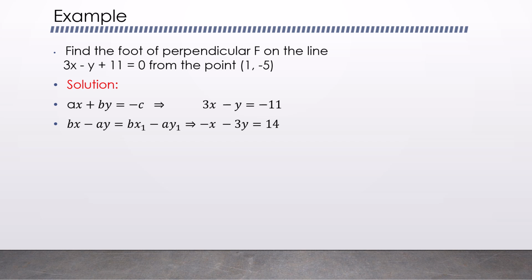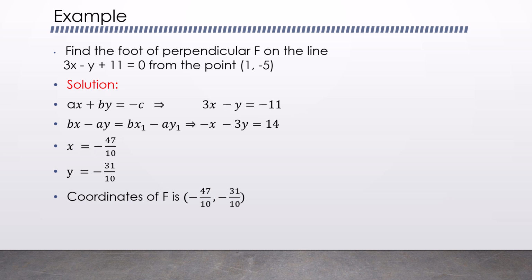Solving these equations simultaneously using any known method, we obtain x is equal to minus 47 over 10 and y equals minus 31 over 10. So therefore, the coordinate of F is the pair (minus 47 over 10, minus 31 over 10).